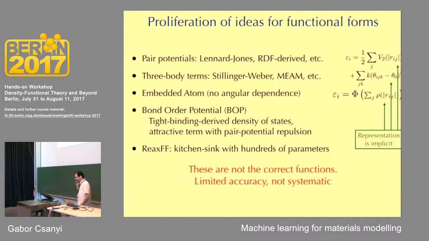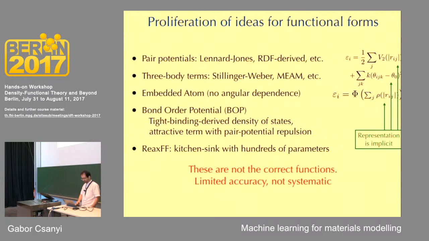So the real problem with these fits, with these functional forms, is that they're not correct. These are not the functional forms of the real electronic structure potential energy surface. So this means that anything you do like this will have limited accuracy, and you can't easily improve them. You can find the best pair potential, the best 3-body potential that fits your data, and the model still doesn't work.